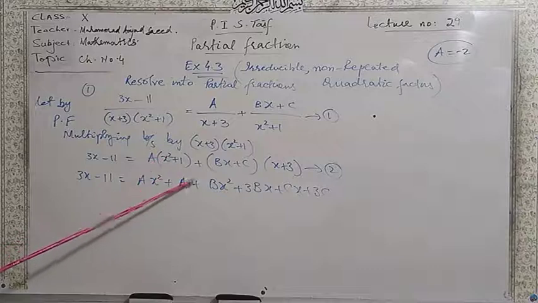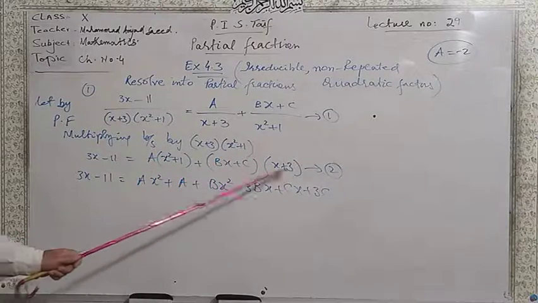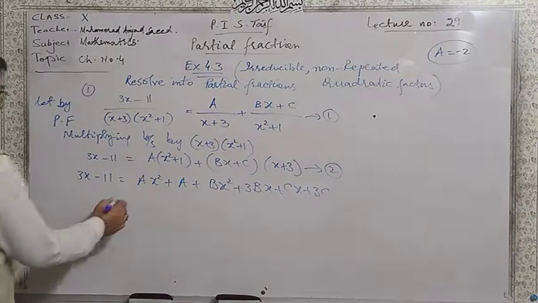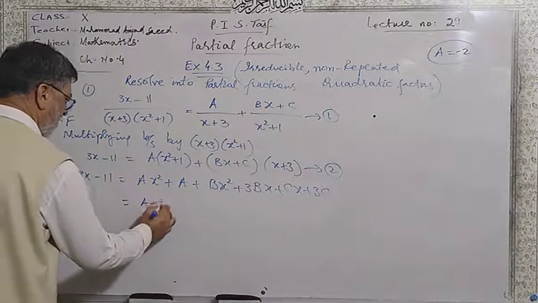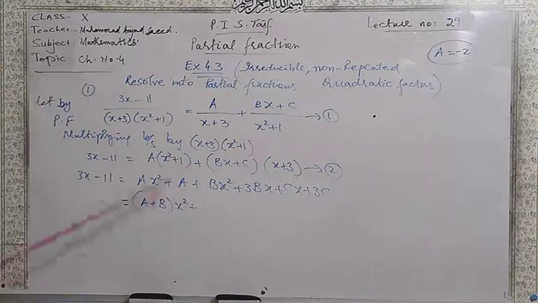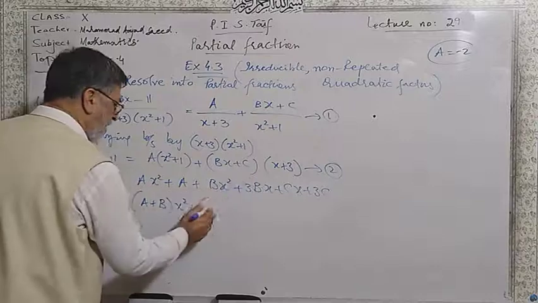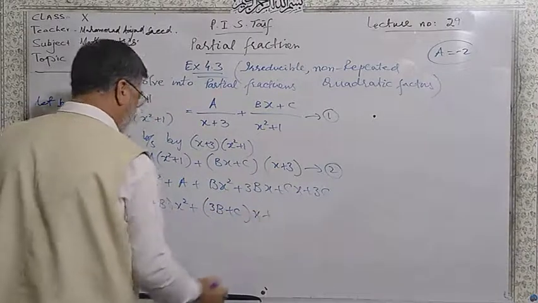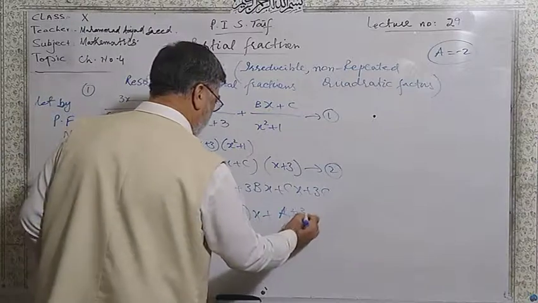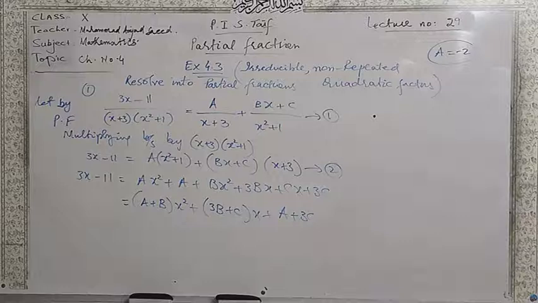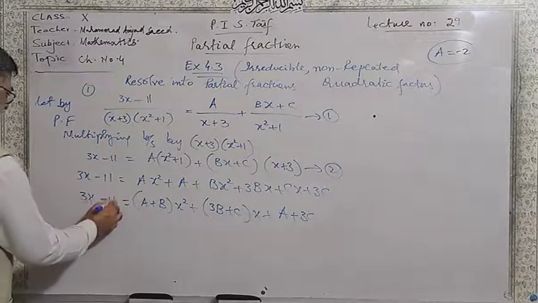Again you will write like terms side by side and take common: (A plus B) into x square, then for x, (3B plus C) into x, then the constant is A plus 3C, equal to 3x minus 11.